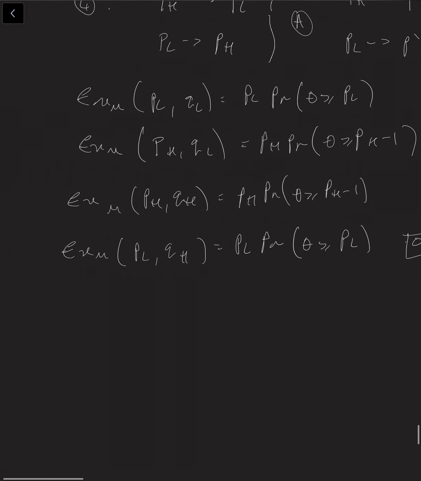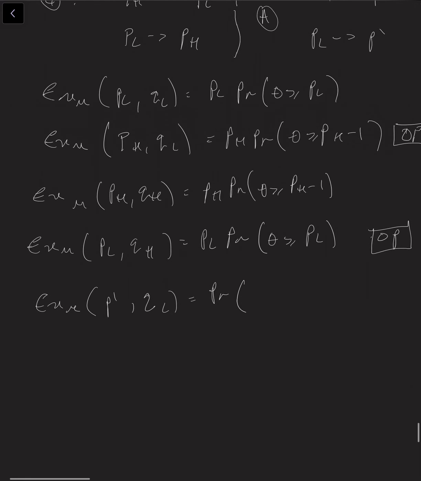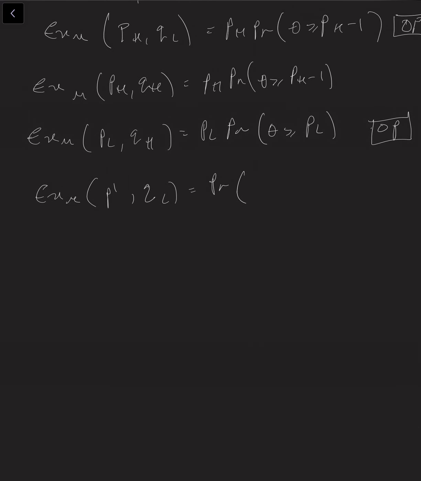Now what does Monica get if she posts the low quality flat at some P dash not equal to PL or PH? We first have to specify what the customer believes when they see some flat posted at P prime.